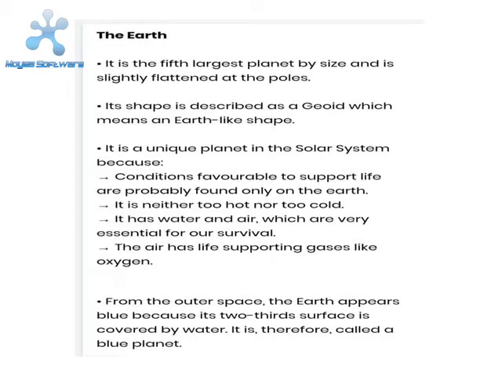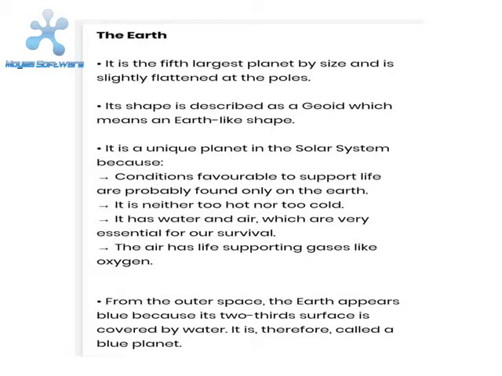From the outer space, the Earth appears blue because its two-thirds surface is covered by water. It is therefore called a blue planet. We can understand this point this way, that from the outer space, the Earth appears to be blue because two-thirds of its surface is covered with water.